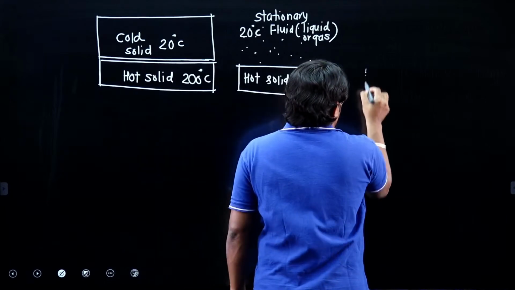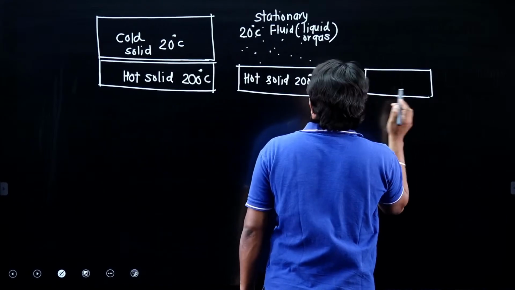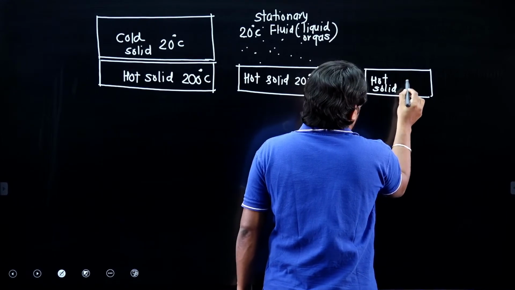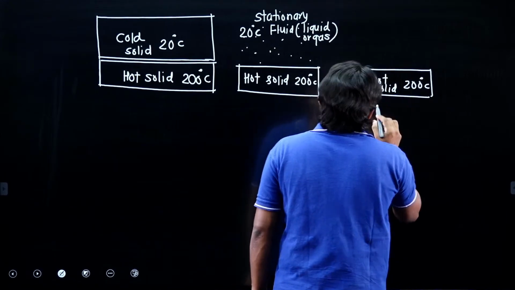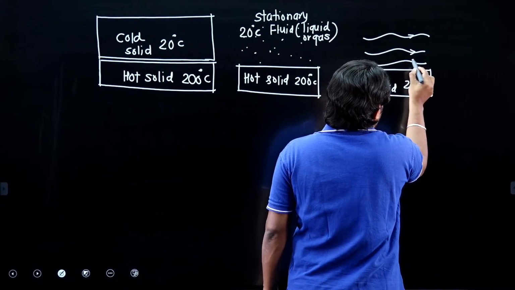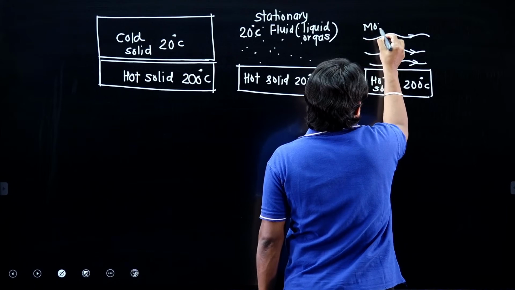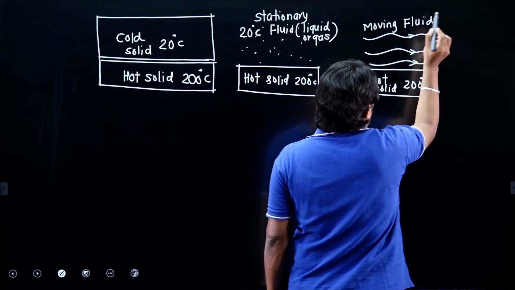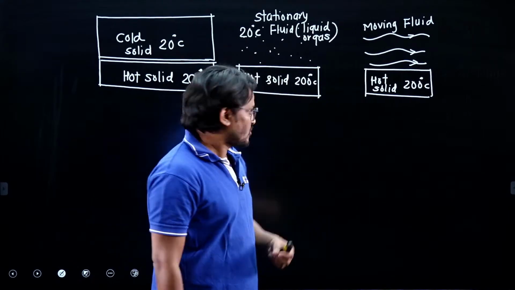Let us say this is a hot solid, that is 200 degrees Celsius, and in between let us say there is a moving fluid. The fluid is flowing. Okay.